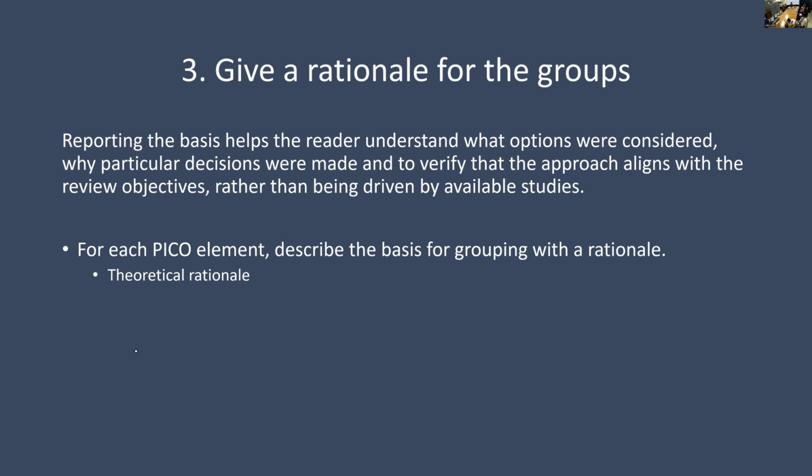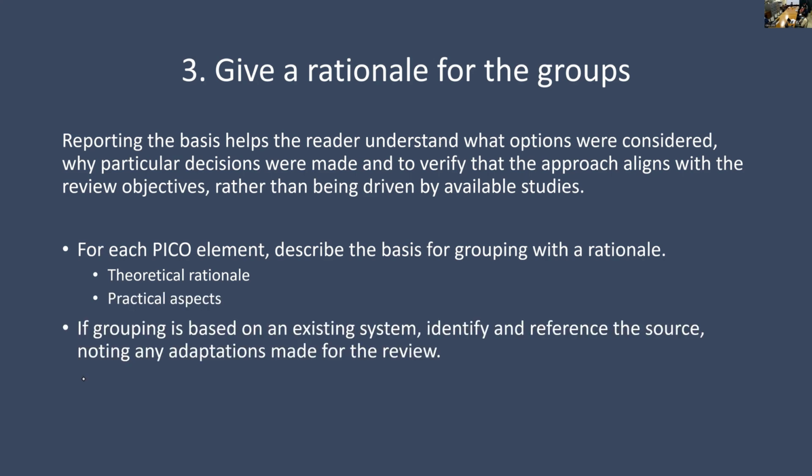Or maybe a group based on the economy of the country. So you can use any of these methods to group the studies, or you can use interventional content as such, mode of delivery, outcome measurement, population characteristics, like we'll go through it. You can use practical aspects. If grouping is based on an existing system, identify and reference the source. If you're making any changes to that, mention it.